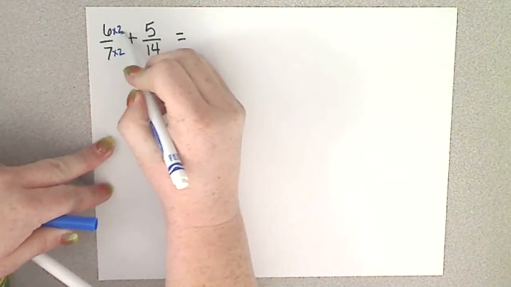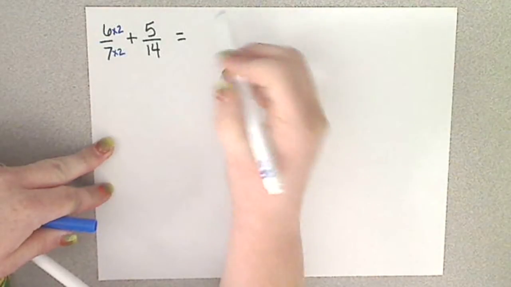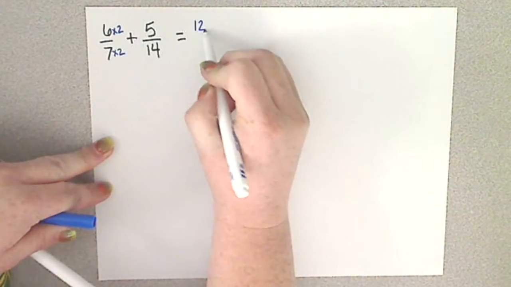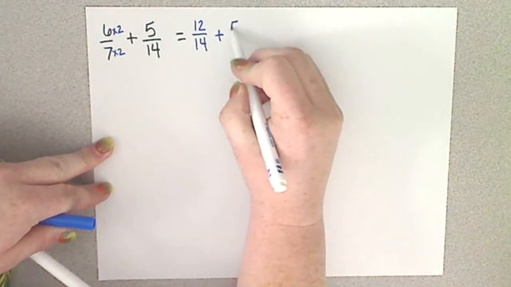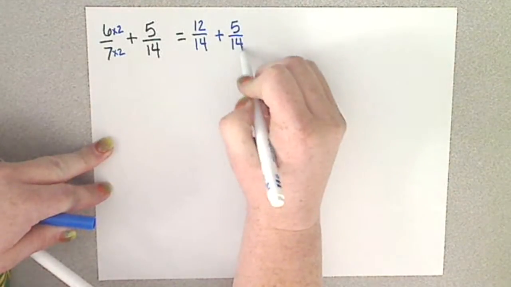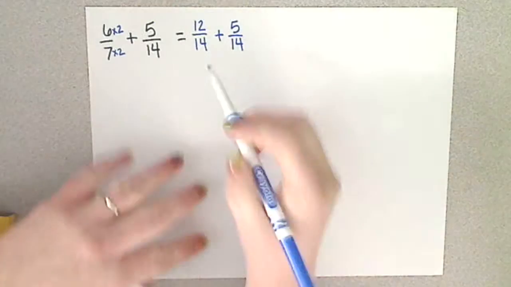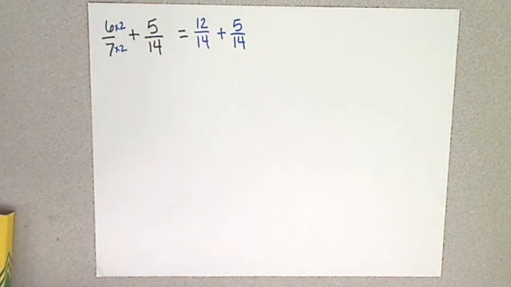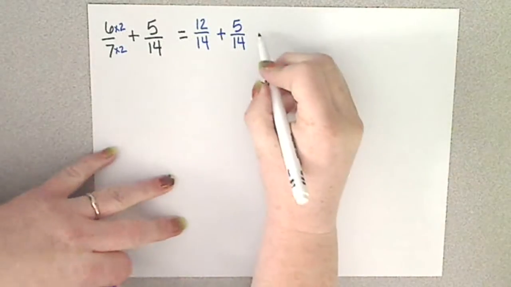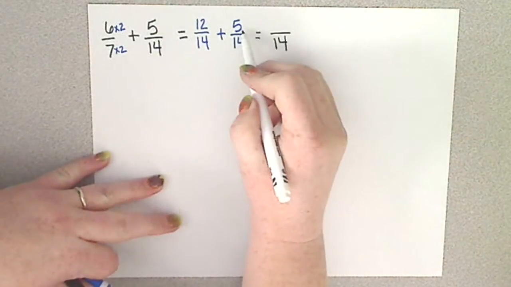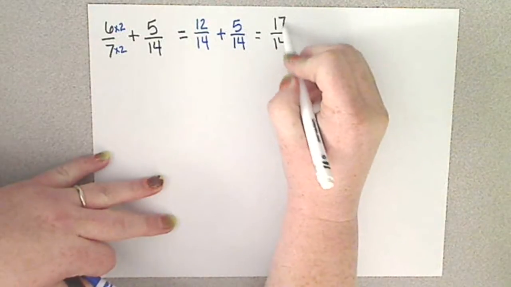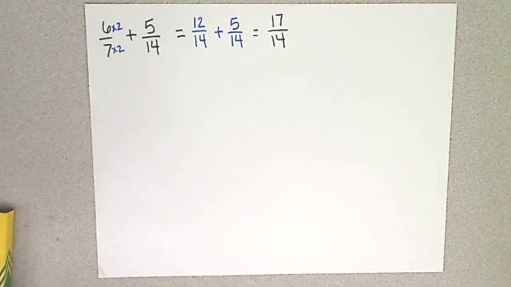So that means that I can just convert the first fraction and leave the second one alone. 6 times 2 is 12, 7 times 2 is 14, and I'm going to continue adding 5/14 to it. My denominator does not change. 12 plus 5 is 17, and I'm left with 17/14.